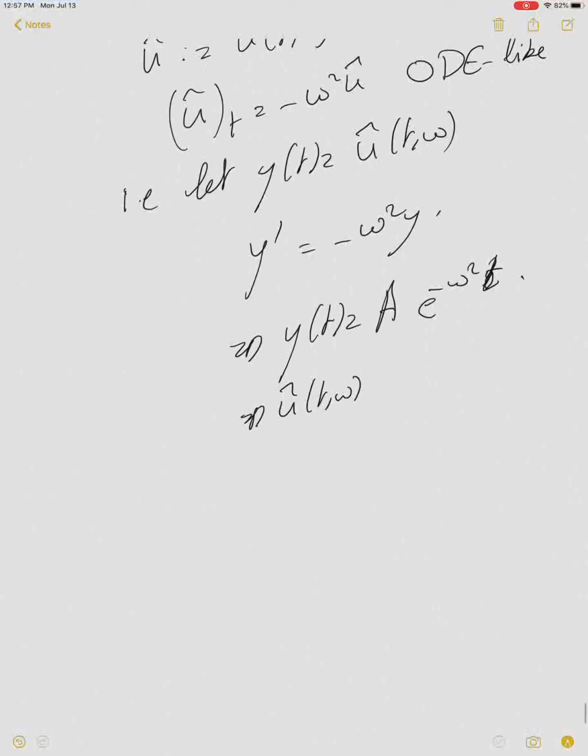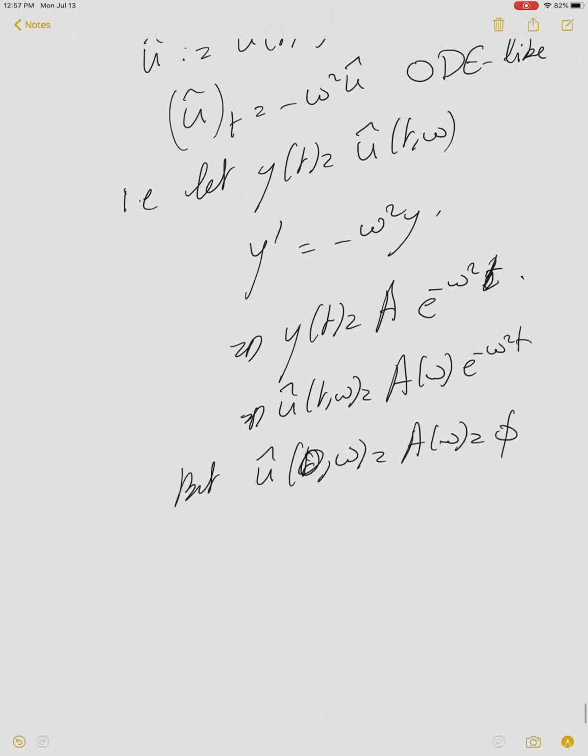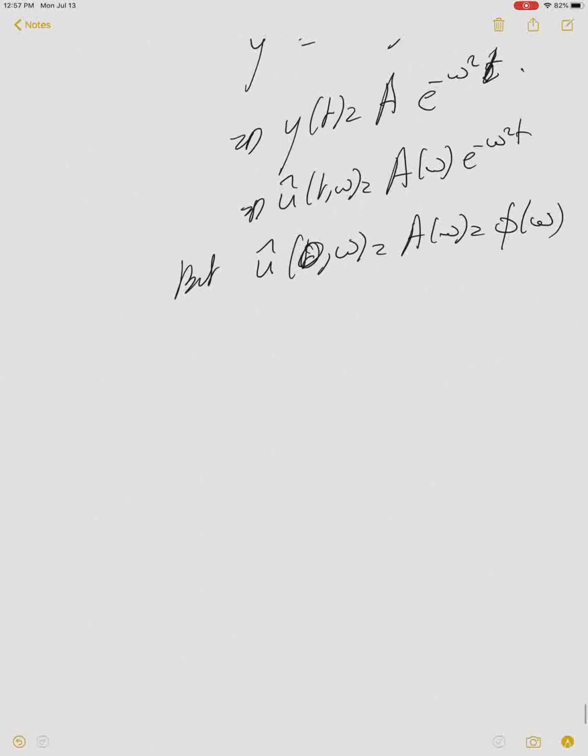So u hat of t, omega is equal to a of omega e to the minus omega squared t, but u hat of 0, omega equals a of omega, and we said that equals phi hat of omega.